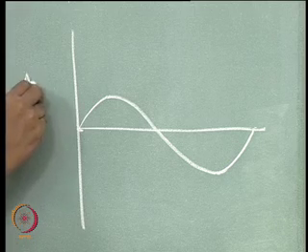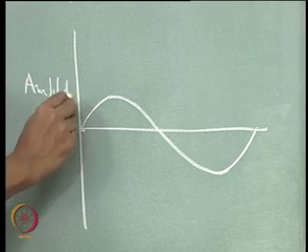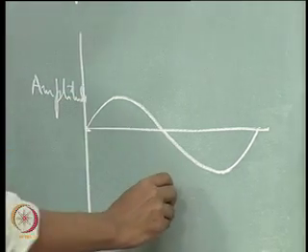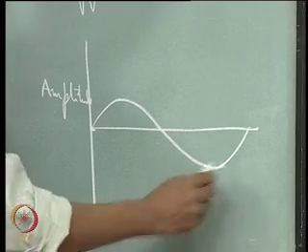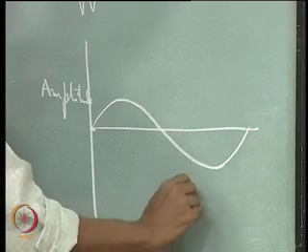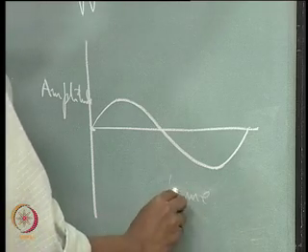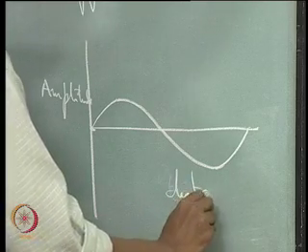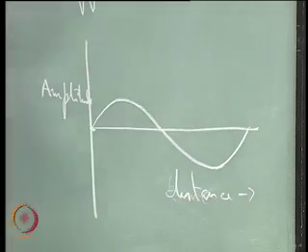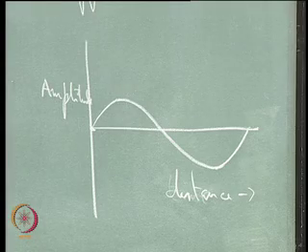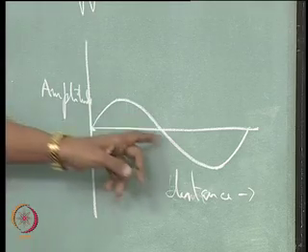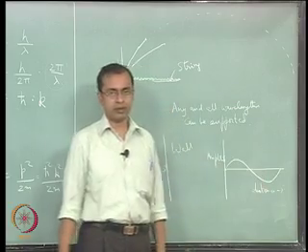So we will say this is amplitude and this is distance, or position. So it has to go to a maximum, come back to 0, go to a negative maximum, come back to 0.